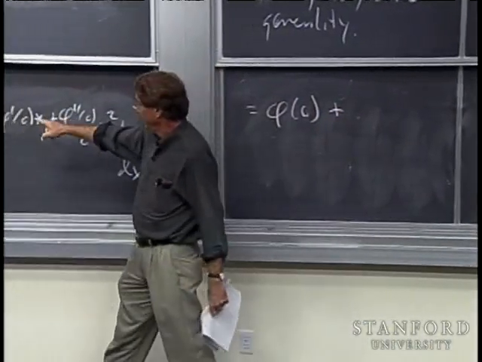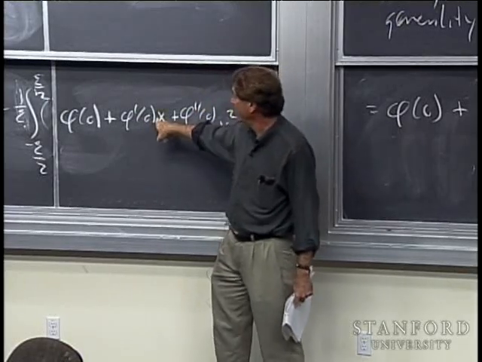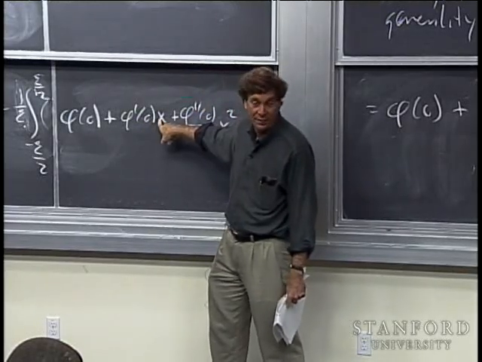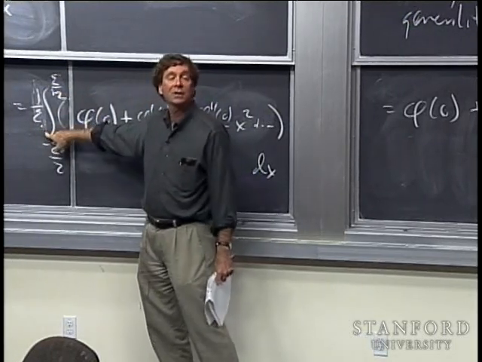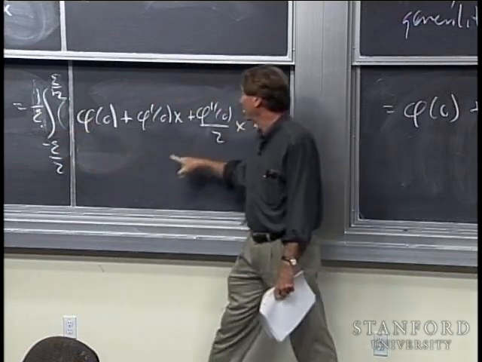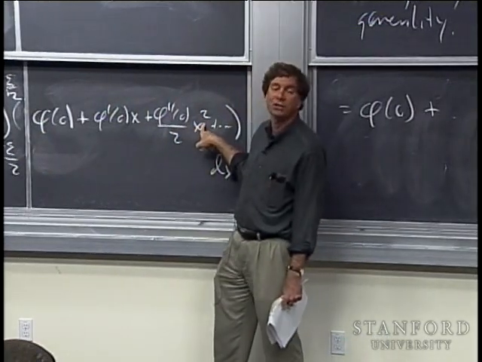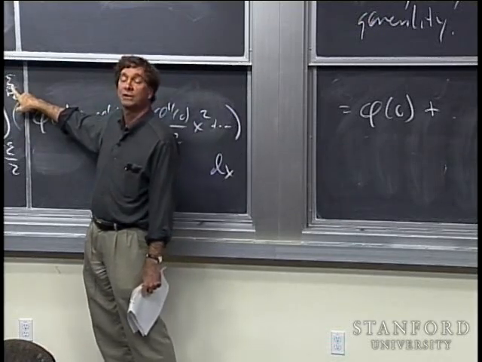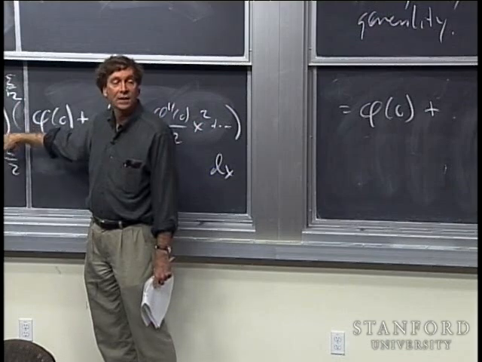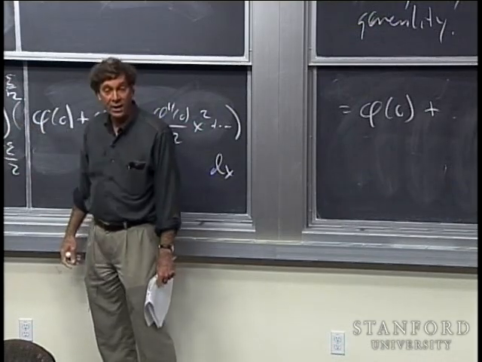Well, this is a constant. If I integrate x, I get x squared, so I'm going to get epsilon squared here times 1 over epsilon. That's going to give me a term of order epsilon. If I integrate x squared, I'm going to get an x cubed, and if I evaluate it between minus epsilon over 2 and epsilon over 2, I'm going to get terms of order epsilon cubed times 1 over epsilon. That's going to give me terms of order epsilon squared.